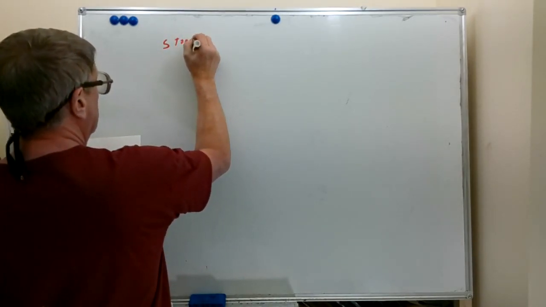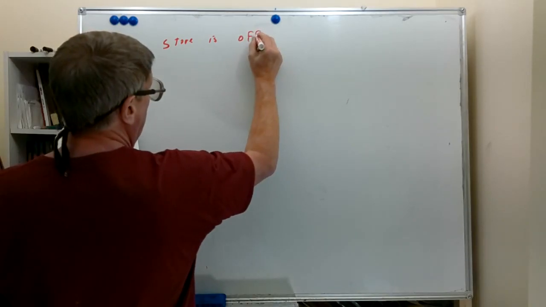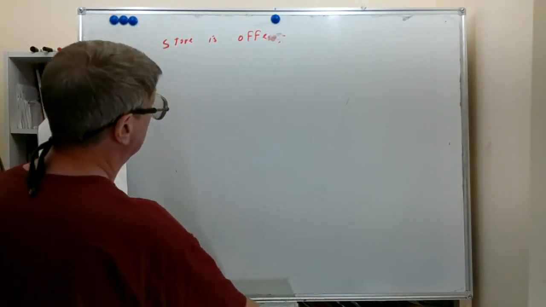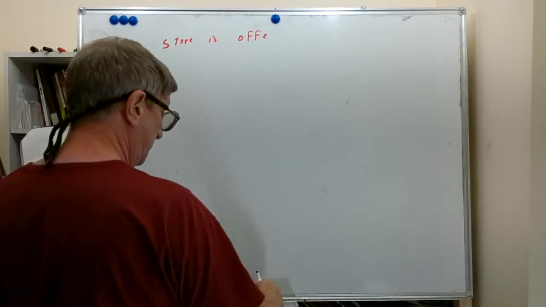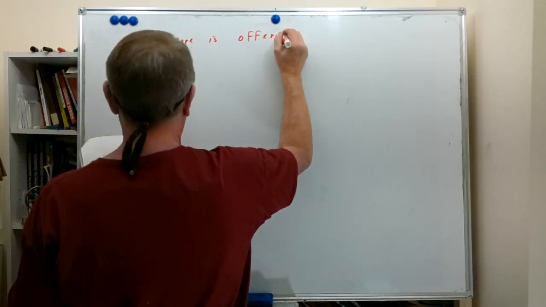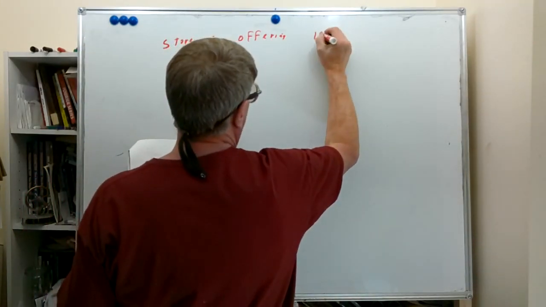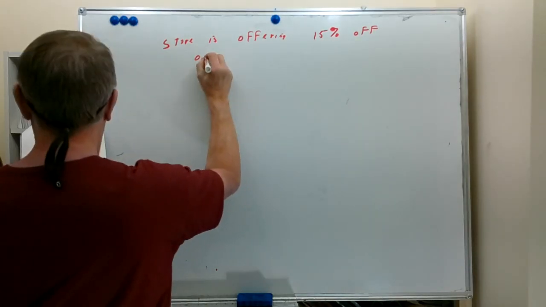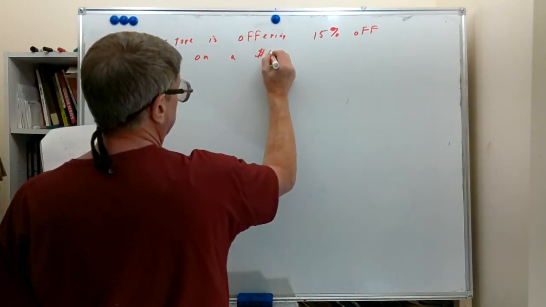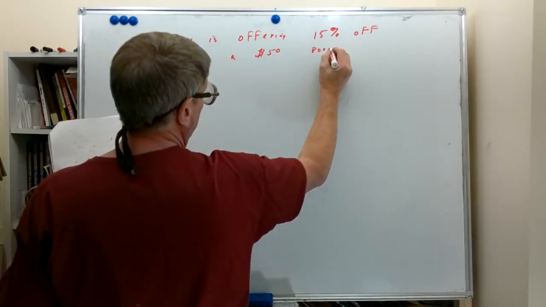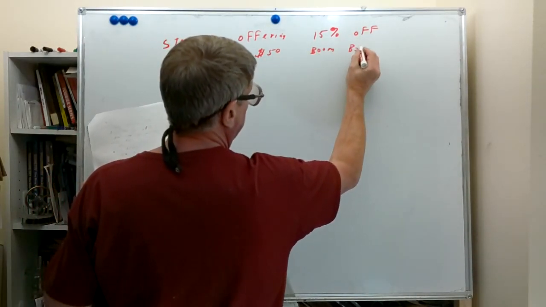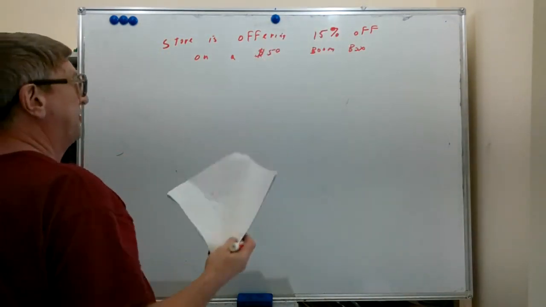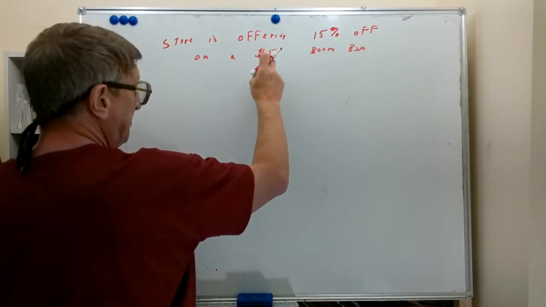The store is offering a 15% discount, 15% off on a $50 boom box. Well, the first thing we need to know is how much are they knocking off? Well, that's 15%. So we want to find out what 15% of 50 is.